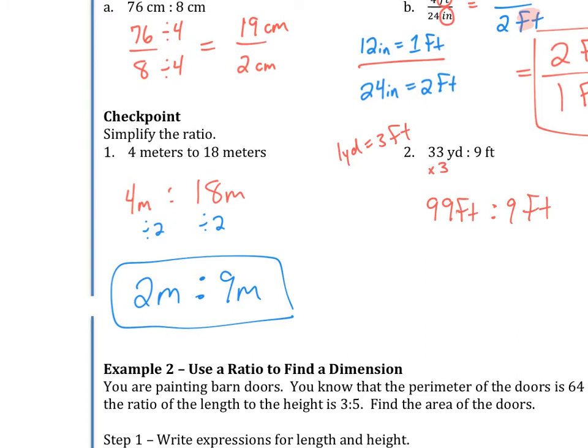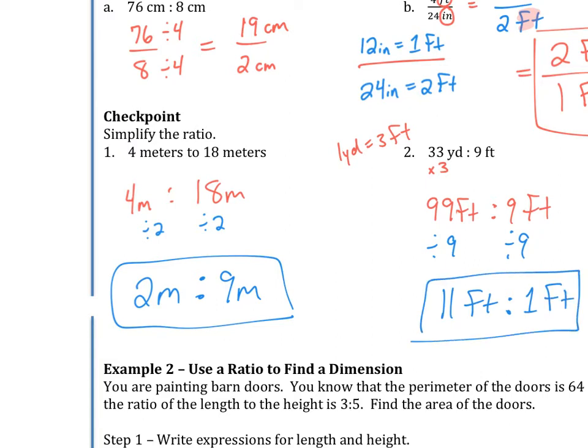So we had to change yards to feet. Then we reduce this. These are both divisible by 9. You would get 11 feet to 1 foot. So this is what that ratio simplifies to, 11 feet to 1 foot.